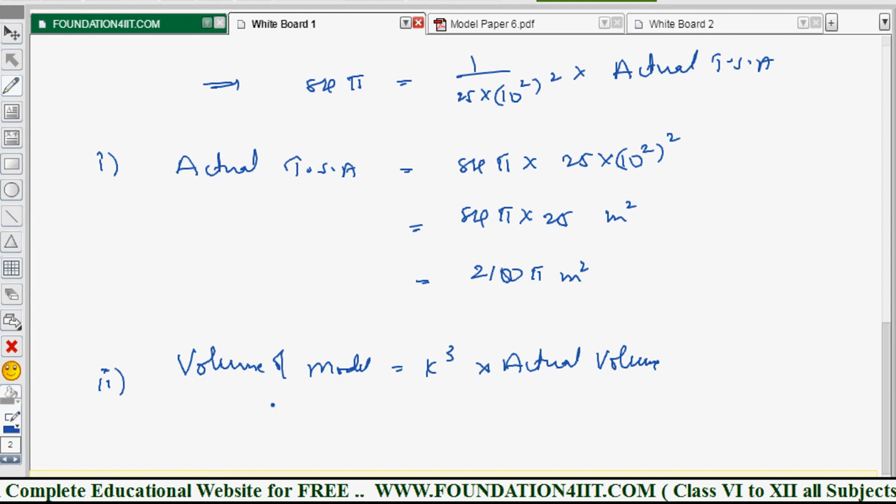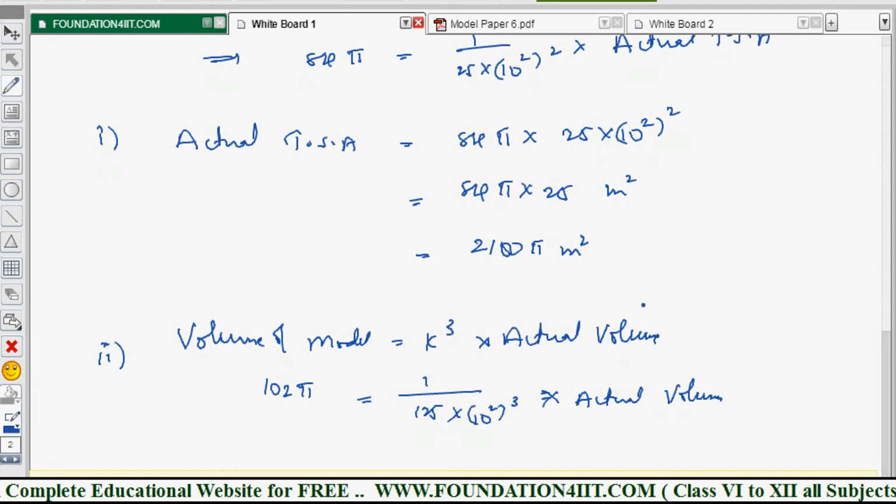So based on this, the model is 102 pi, right? 1 by k cube, this is 125, because 5 cube into 10 square whole cube is k cube, into the actual volume.